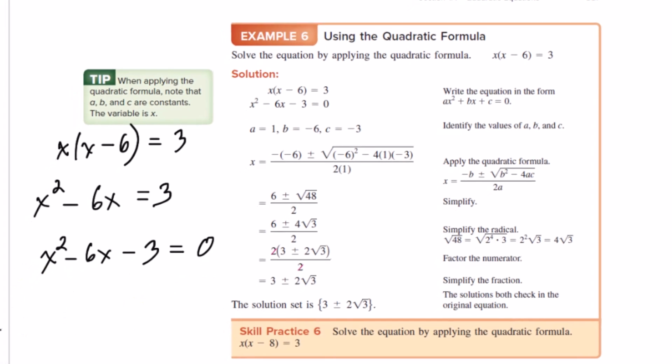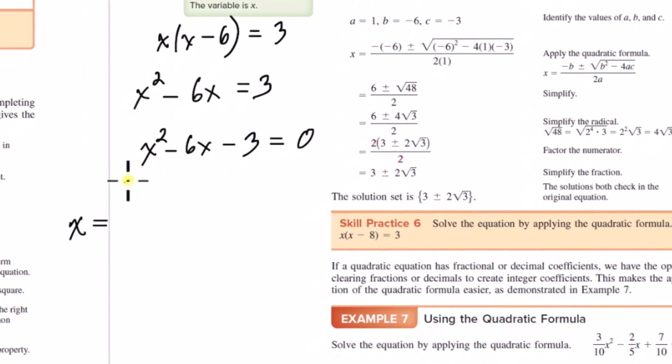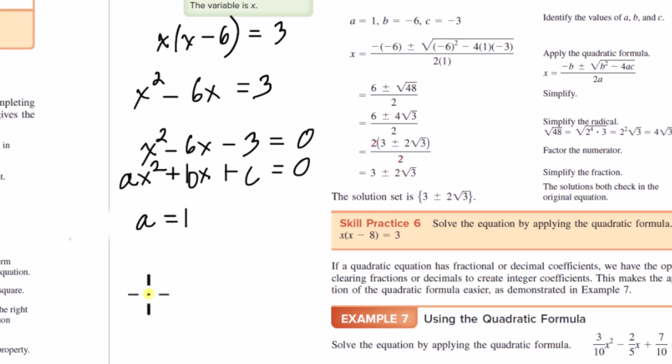Using the quadratic formula, we have ax squared plus bx plus c equal to 0, and we can see that in this case, a is equal to 1, b is equal to -6, and c is equal to -3.